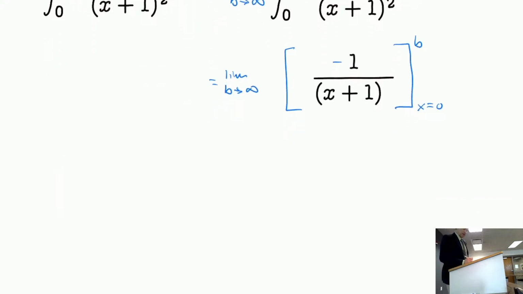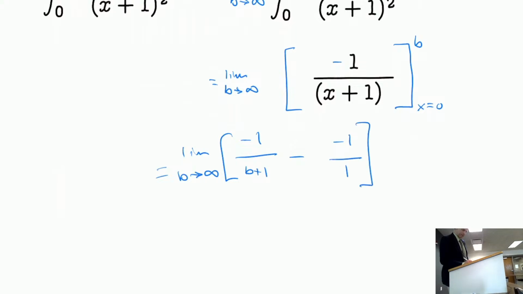Very nice. Now I'm going to just do this. I think I'm done copying my ink there. So this is going to be negative 1 over b plus 1 minus negative 1 over 1. And then you can just say that that's 1, and I'll be happy. In fact, if you want to be really minimalist about this, you probably could cut corners even more than this.